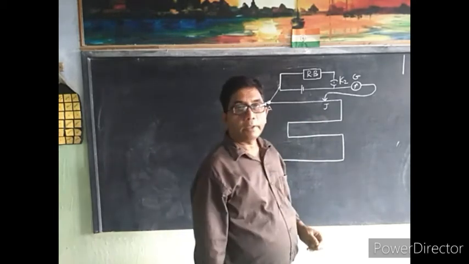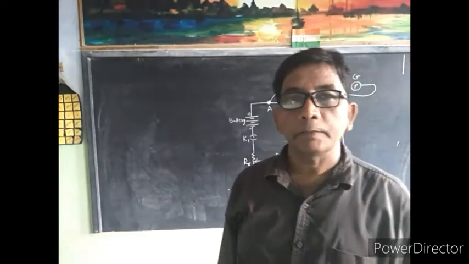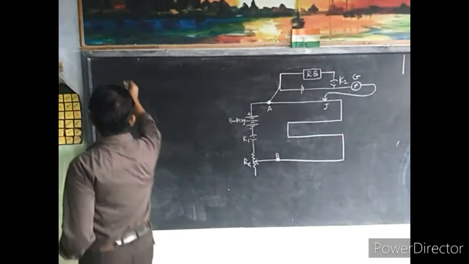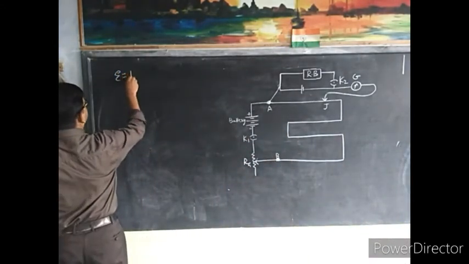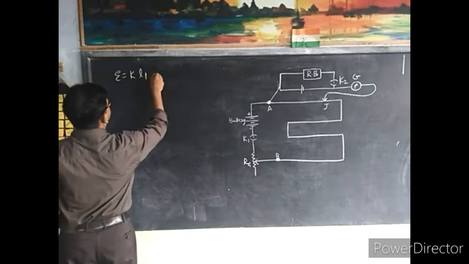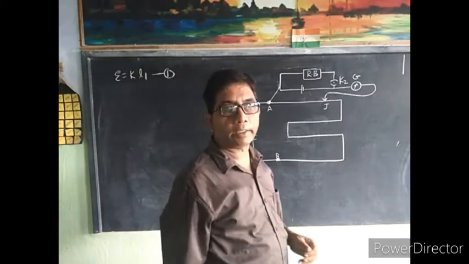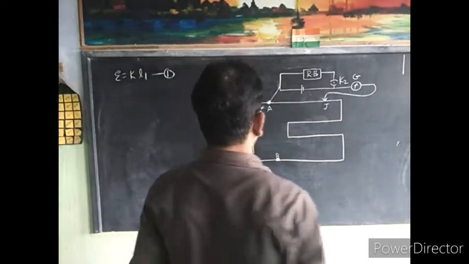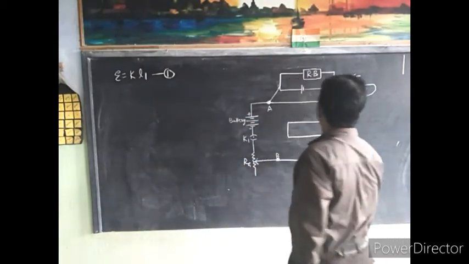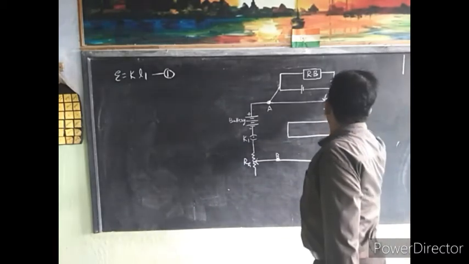Let the balancing length be L1. If K is the potential gradient, then E is equal to KL1, where K is the potential gradient. Now introduce the resistance R from the resistance box and close the key K2.